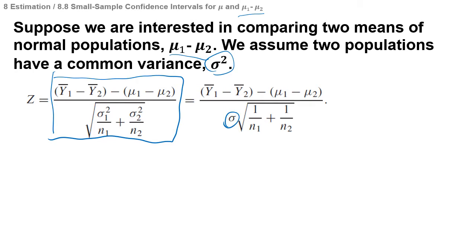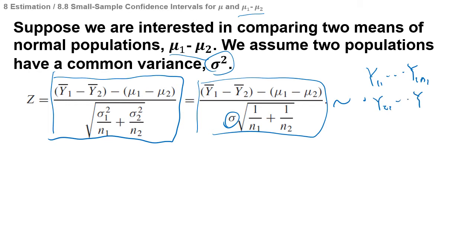So from here, we know that this thing follows a normal distribution because each of y11 to y1n1 follows normal, y21 to y2n2 follows normal, and a sum of normal distributions is normal, so y1 bar and y2 bar both follow normal, and their subtraction also follows normal.